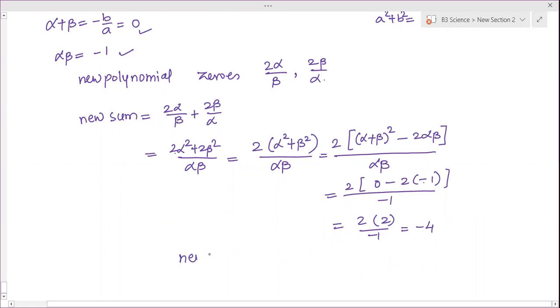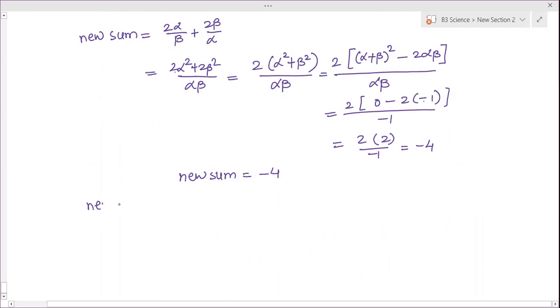So we got the new sum as minus 4. Now the new product. New product is 2 alpha by beta into 2 beta by alpha. So alpha gets cancelled, beta gets cancelled. Answer is 4. So new product is 4.